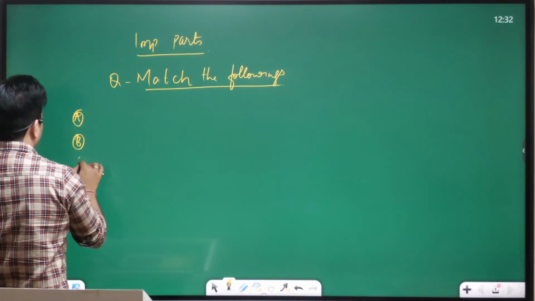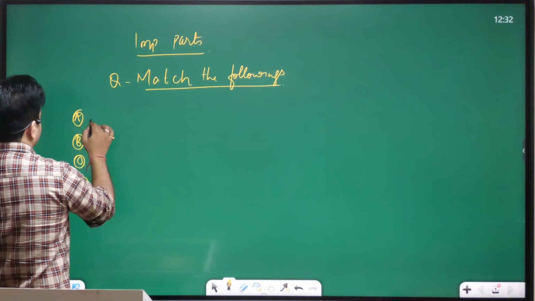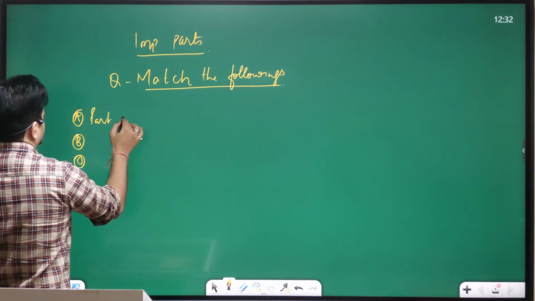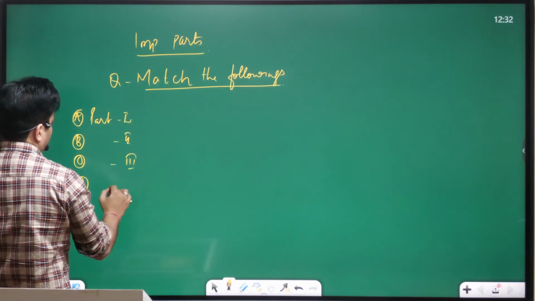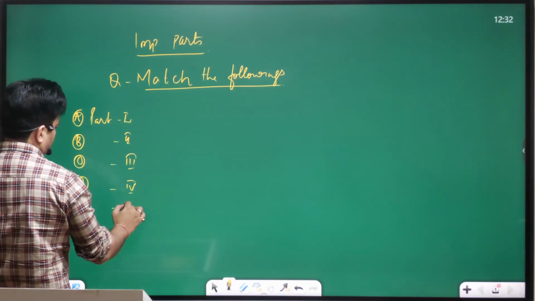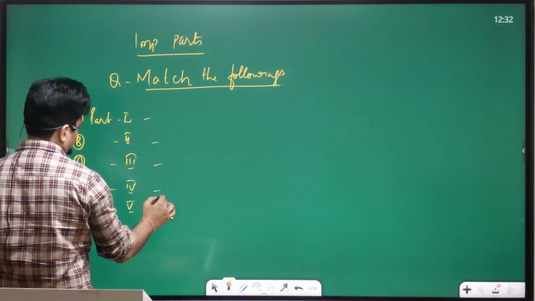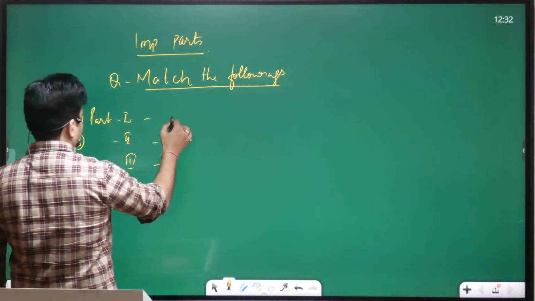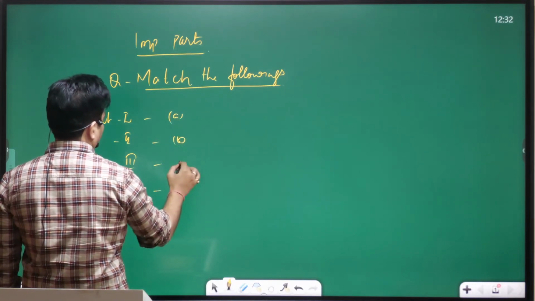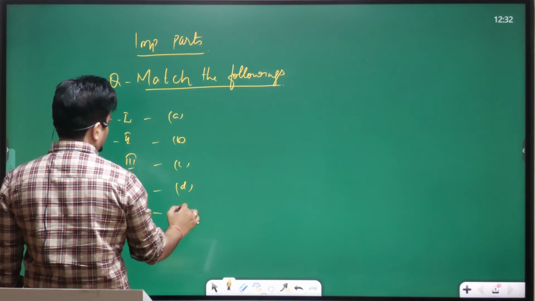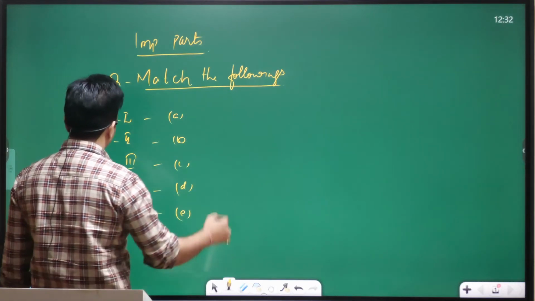A, B, C, D, E. Part 1, 2, 3, 4, 5. इसको मैच करा देते हैं A, B, C, D, E से. ये कैप्स में है, ये स्मॉल में है.